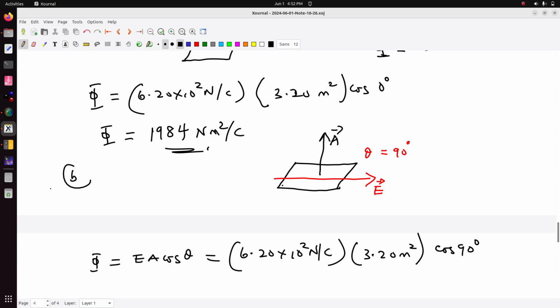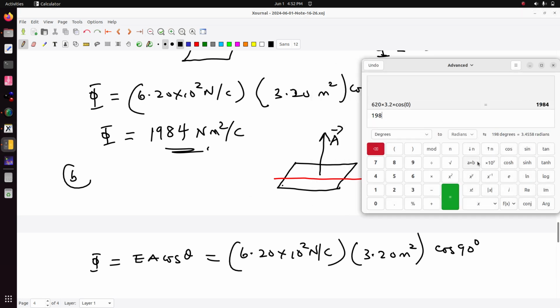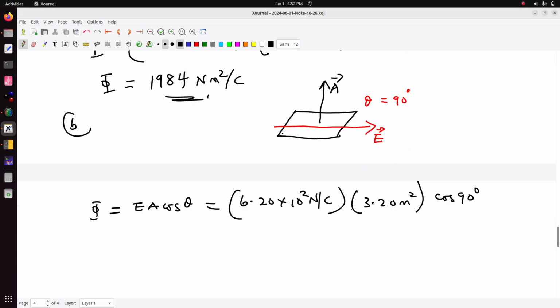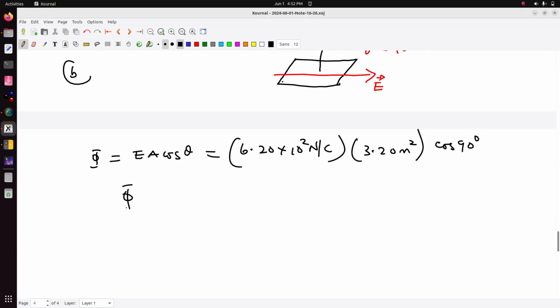If you check, cos 90 degrees is 0. So it means everything here is going to be 0. So the flux here is 0.